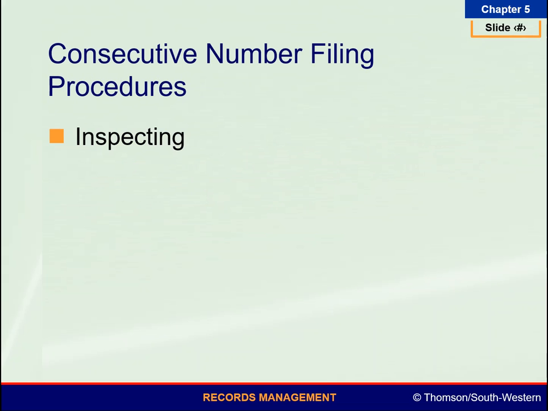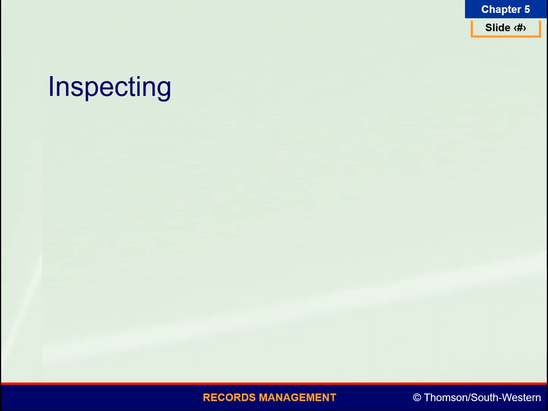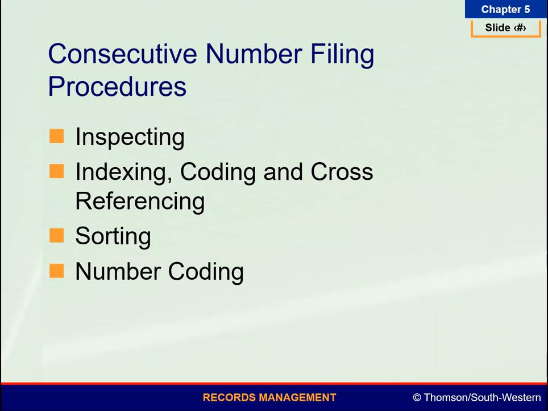So, the consecutive number filing procedure. Again, you need to remember that we have numeric records management, geographic records management, and subject records management. These three will have their own filing procedures.